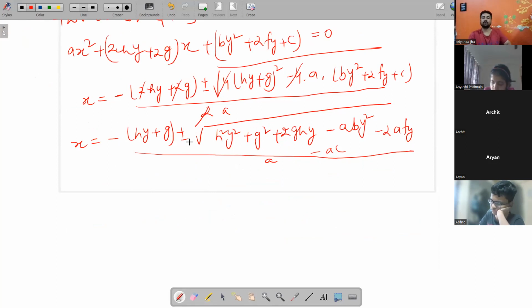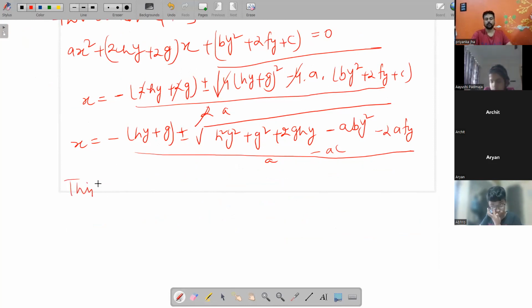Now you can see that we have two different roots, one with plus sign and other with minus sign. But under the square root, we have variable y. So we can say that this can be separated into linear equations if whatever we have inside the square root is a perfect square, then only we will be able to remove the square root, otherwise not, right?